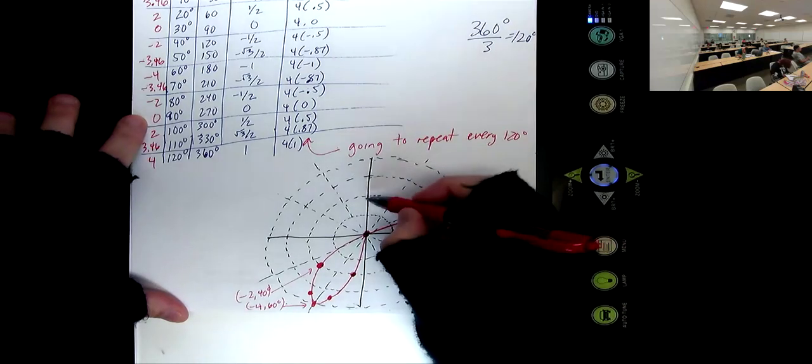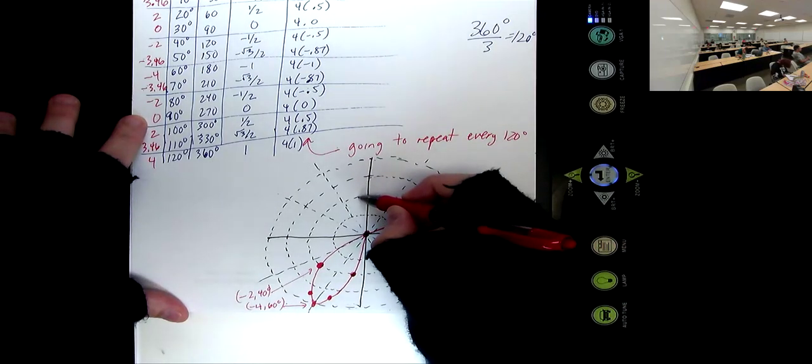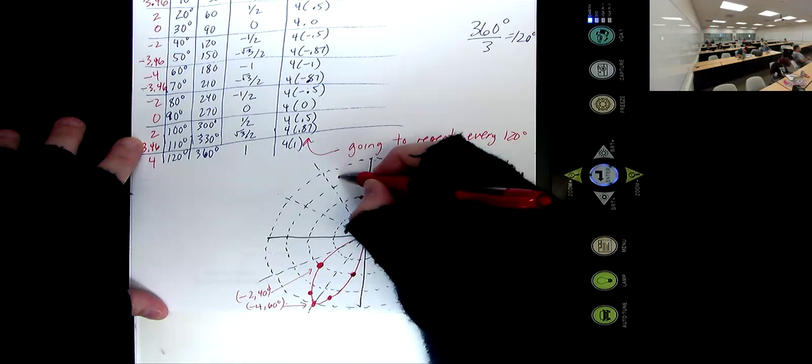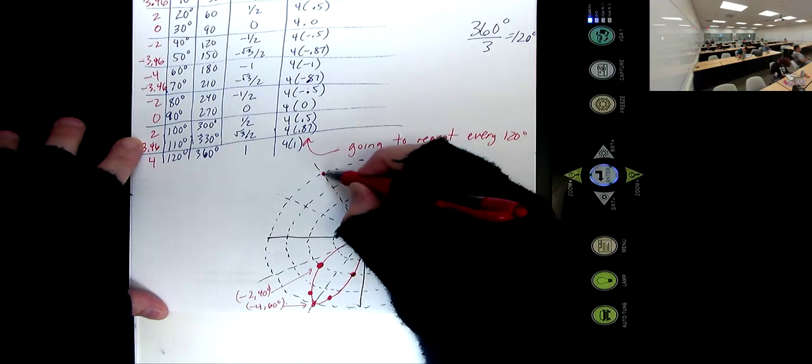We go 100 degrees, we're just past the 90 degrees, we're out 2. 110 degrees, we're out at 3.46. And 120 degrees, we're at 4.